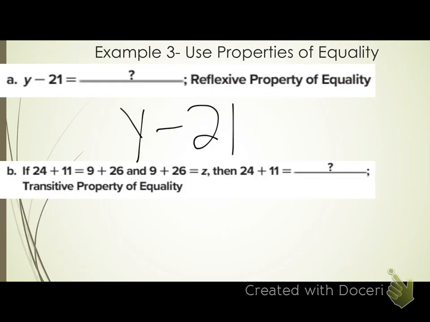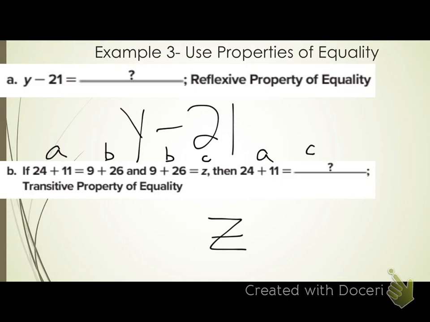So, knowing that information, what would I need to fill in for the blank here on this transitive property? Z. I know 24 plus 11 equals 9 plus 26. I also know that 9 plus 26 equals Z. So if you give these variables, this would be A, B, B, C. So I know that A equals C. My C value is just Z.